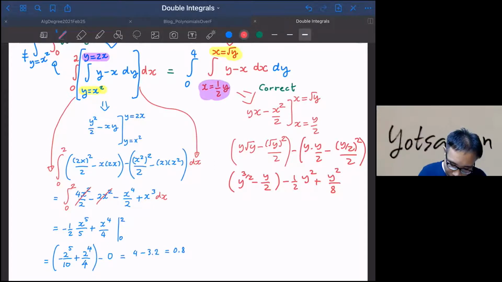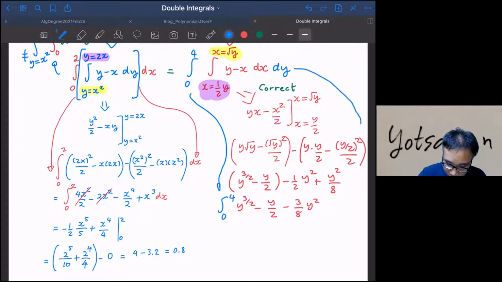So you get y to the 3/2 minus y over 2, and this one can be written as 4/8, so it's going to be negative 3/8 y squared. And you now copy the outside integral from 0 to 4 dy down here.